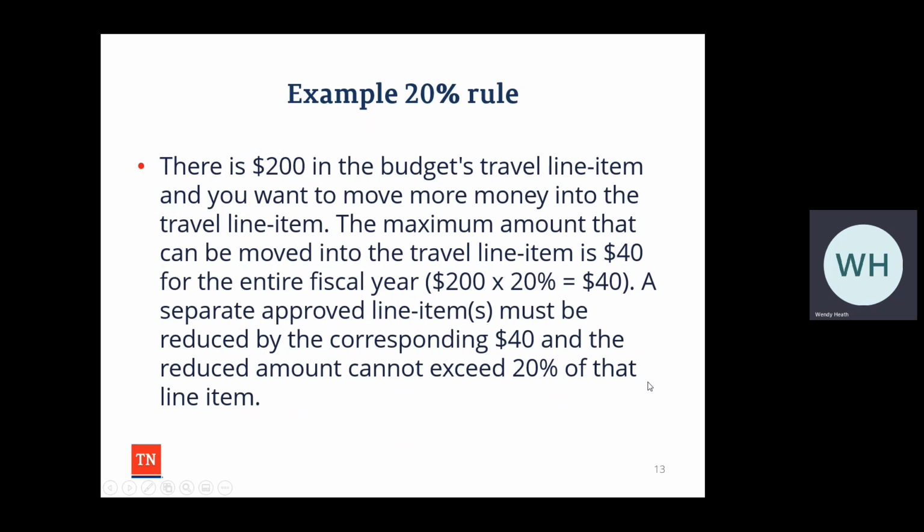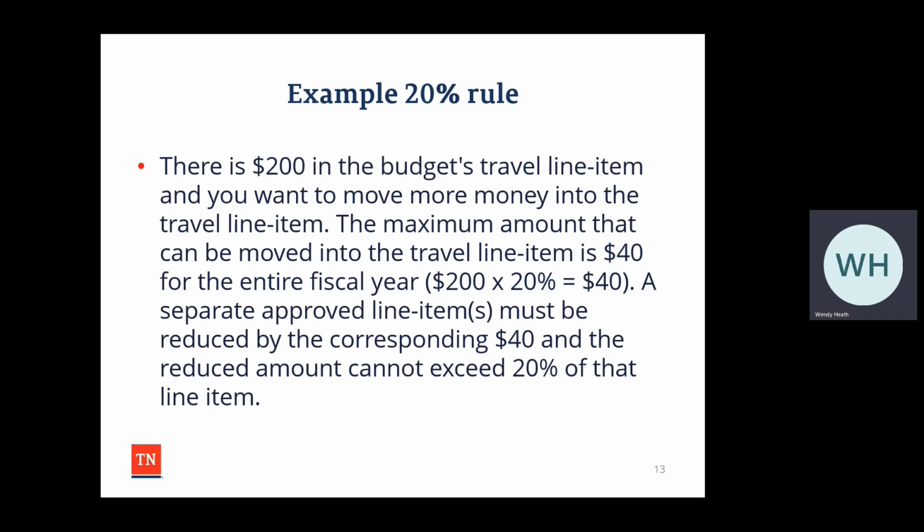So here's an example of the 20% rule. There is $200 in the budget's travel line item, and you want to move more money into that travel line. The maximum amount that can be moved into the travel line item is $40 for the entire fiscal year. So you take 20% of that $200, and that's $40. You can move that $40 out of any line that has an extra $40 that you are not going to spend, and move it into the travel line.